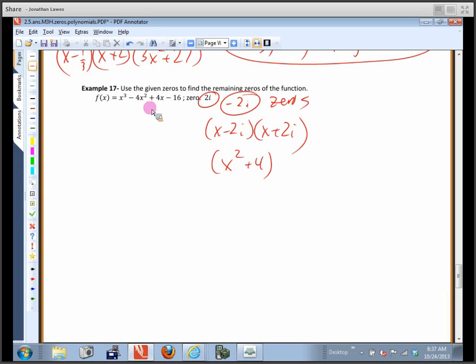What is it? Division. Can I do synthetic division with this? Not synthetic division with this, because it's got to start off with a plain old x, plus or minus a number. If it's x squared, we've got to do long division, but that's actually not too bad here. Plus, it's good practice for the test.